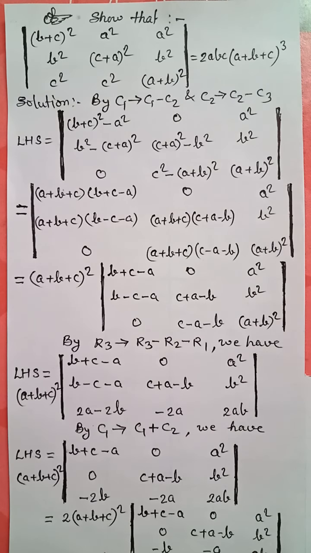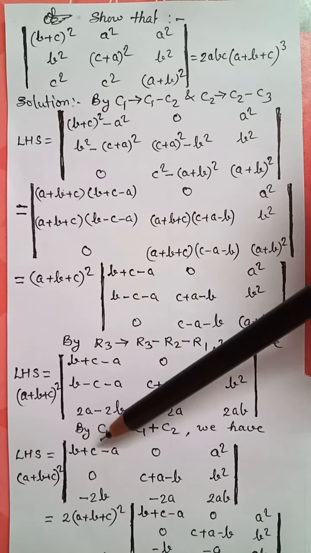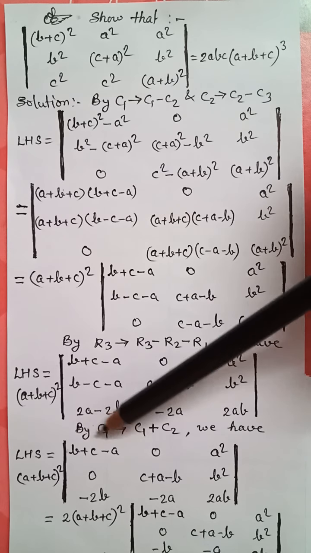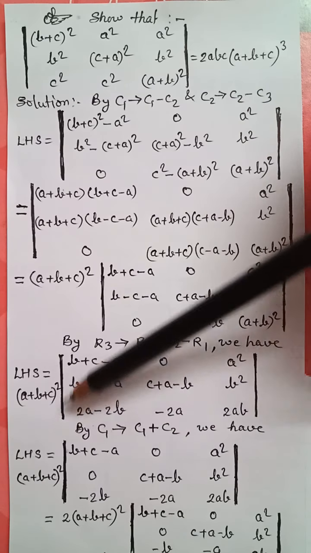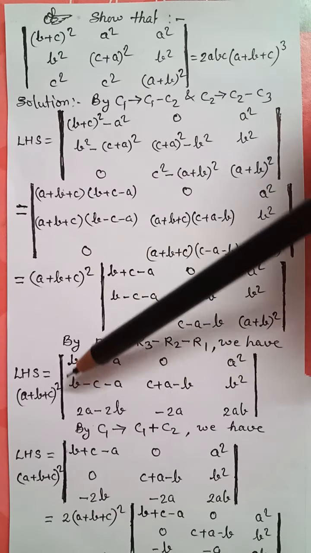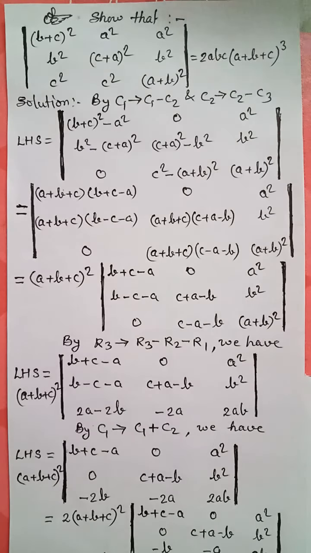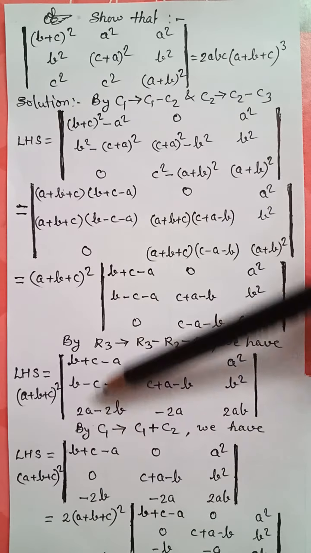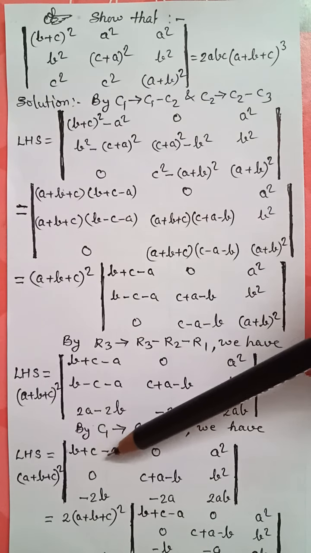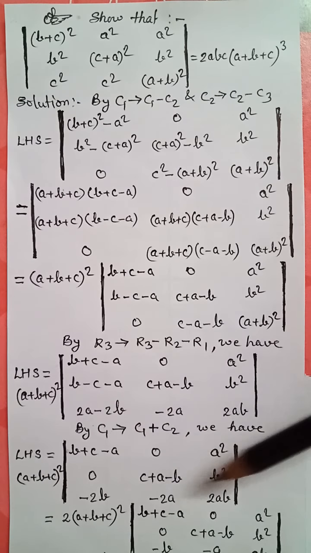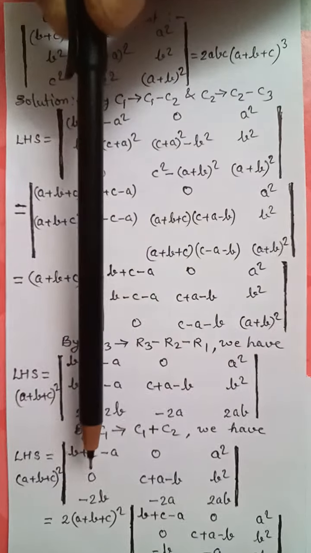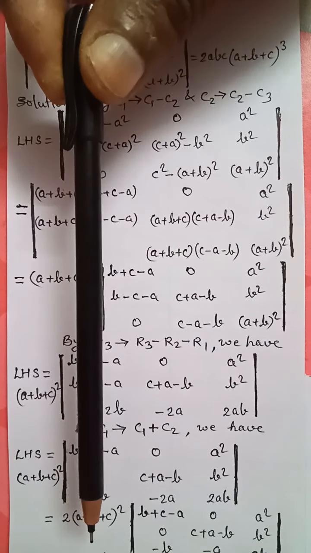Now again applying this operation, this determinant is going to be further simplified. This is B plus C minus A, B plus C minus A. This is 0, this is A square. Now here column 1 is changing.